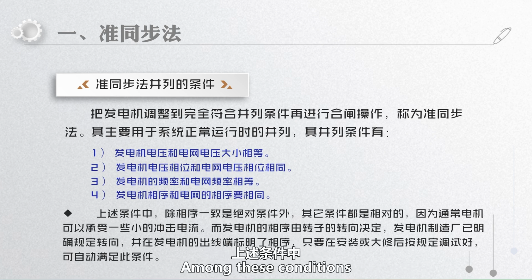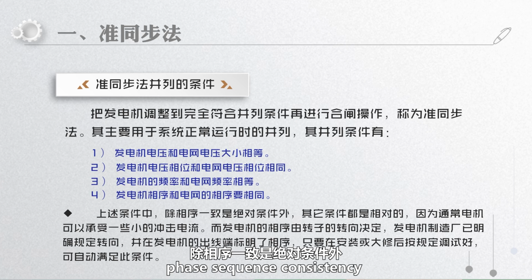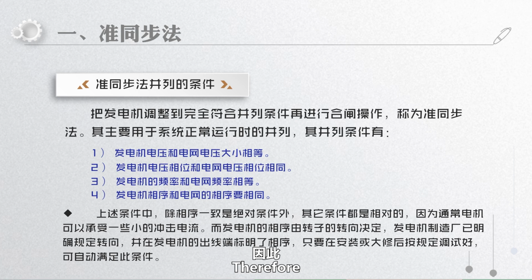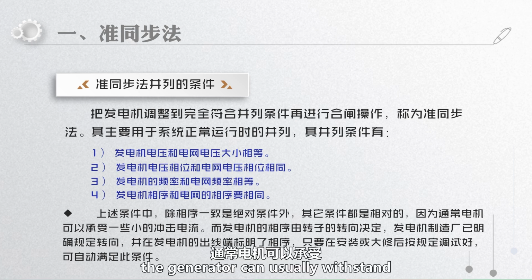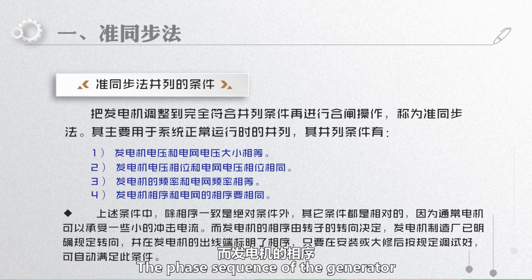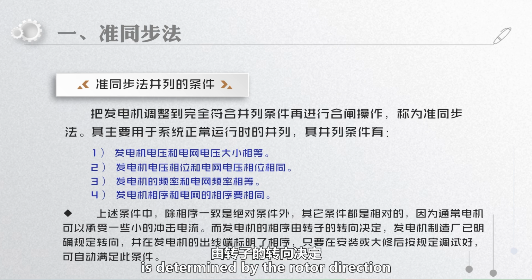Among those conditions, phase sequence consistency is an absolute condition, while the others are relative. Therefore, the generator can usually withstand some small inrush currents. The phase sequence of the generator is determined by the rotor direction.